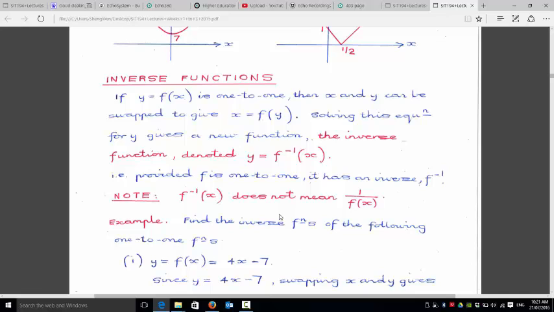So it's very simple. Given f(x), we just substitute x by y and y by x, and then we solve for the new y and we will get the inverse function.